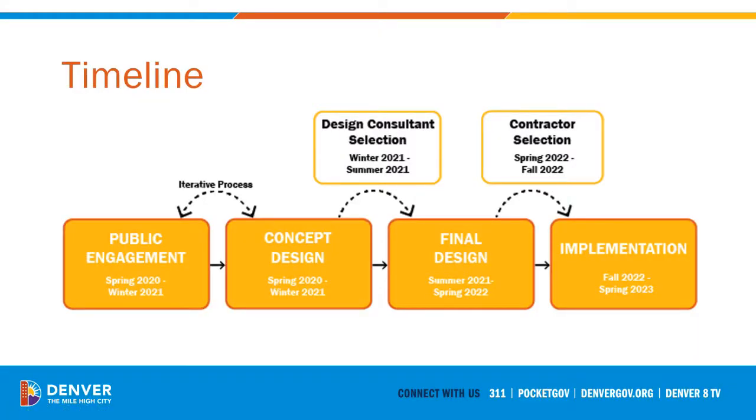So our timeline is starting in the spring with public engagement and concept design happening concurrently. As you can see in this simple diagram, it's going to be an iterative process where we will go through a public engagement process. Given the uncertainties of where we are today in public engagement, we're not quite sure yet exactly what tools we will be using moving forward.